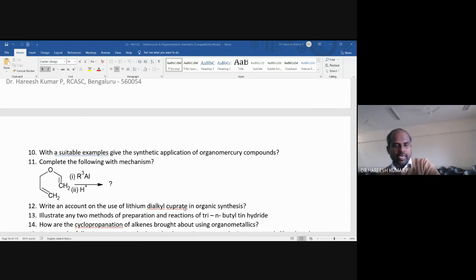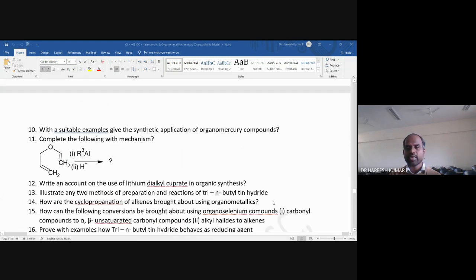Then illustrate any two methods of preparation and the reactions of tri-n-butyltin hydride. So that means two methods of preparation and the reactions of tri-n-butyltin hydride you have to write under this question.